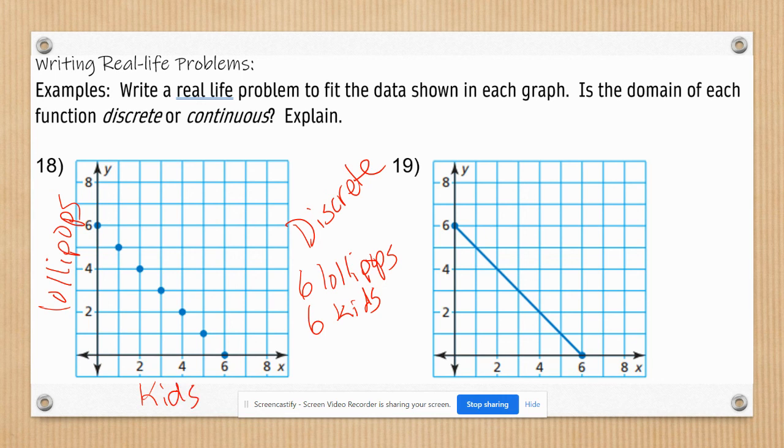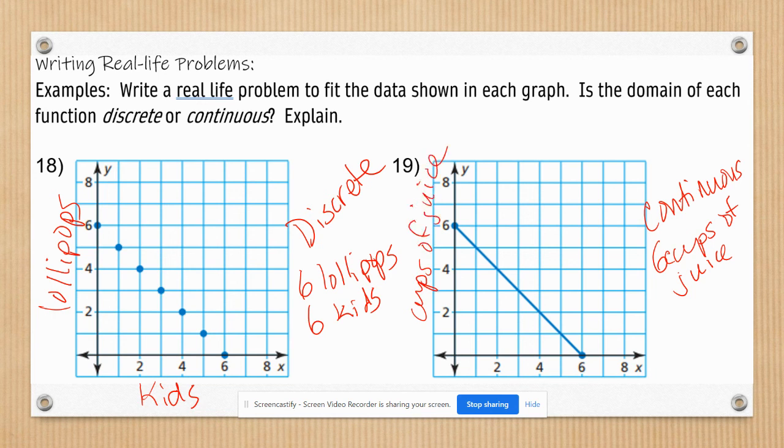And so every time you give a kid a lollipop, you have less lollipops to give. So this is lollipops, and this is kids. For 19, this is continuous because we drew a line here. So maybe we have 6 cups of juice. And we can drink cups of juice.